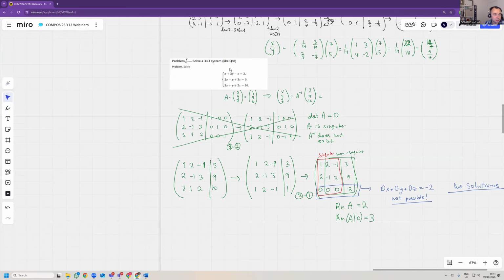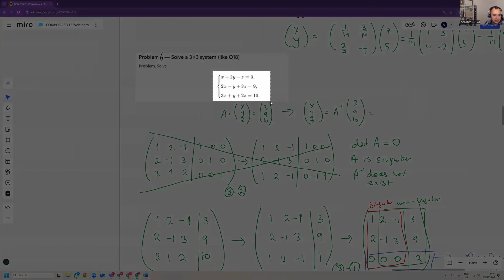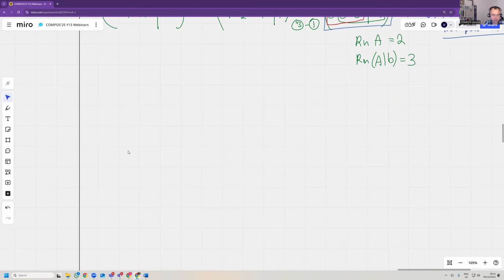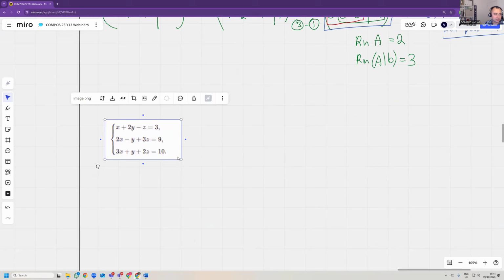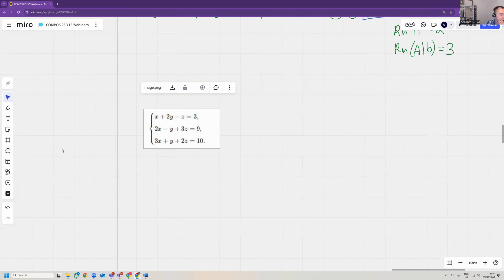Let's do a system like this, but I did not expect it to have no solutions. Let's do a system like this, but this time I'm going to do 12 here.